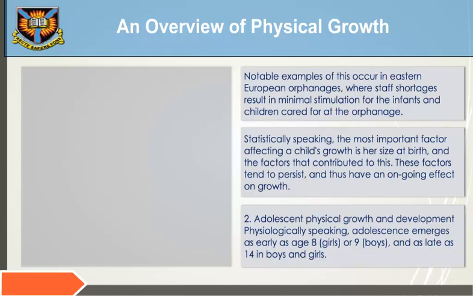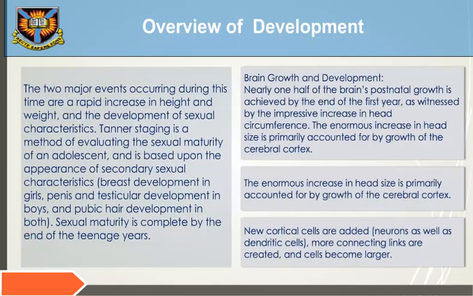2. Adolescent physical growth and development. Psychologically speaking, adolescence emerges as early as age 8 in girls or 9 in boys, and as late as 14 in boys and girls. Overview of development. The two major events occurring during this time are a rapid increase in height and weight, and the development of sexual characteristics.